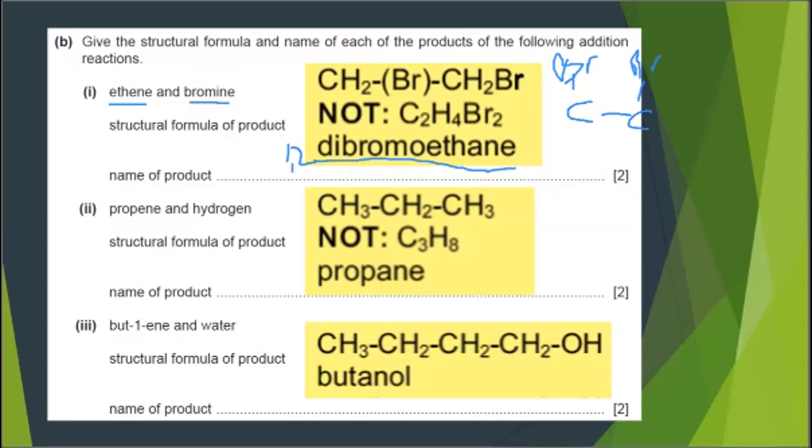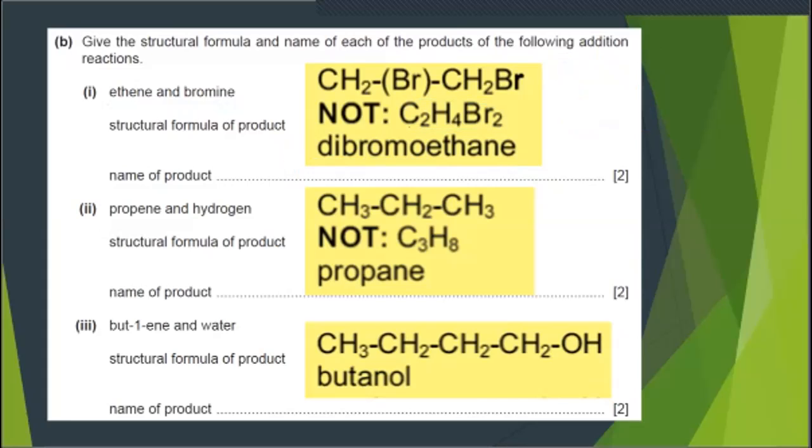Right? So the structural formula, C2H4Br2. This is not what they want you to lay out, right? What they want you to do is actually show them carbon bonded to carbon with hydrogens on either side, and you have the bromine bonded to it.